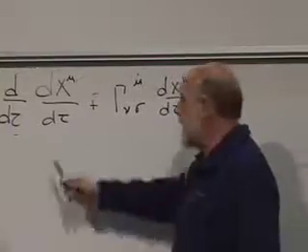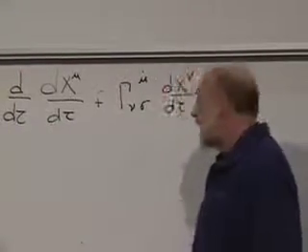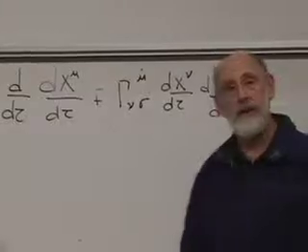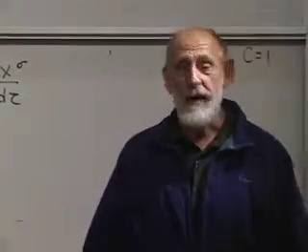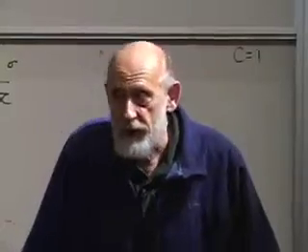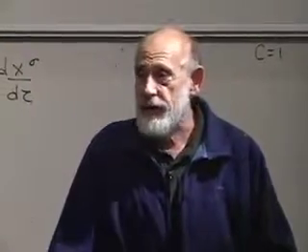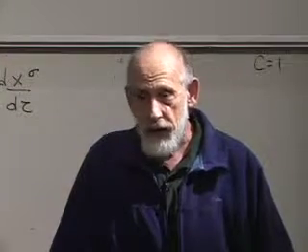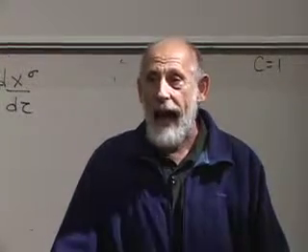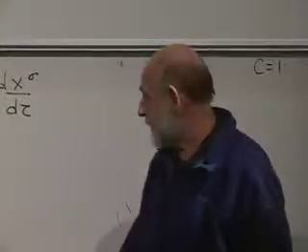So what does it say? It says the acceleration is equal to the Christoffel symbol, to a certain Christoffel symbol. The Christoffel symbols evidently are the gravitational field. They're the gravitational acceleration. They're like the things we called in the beginning A, the field of acceleration.